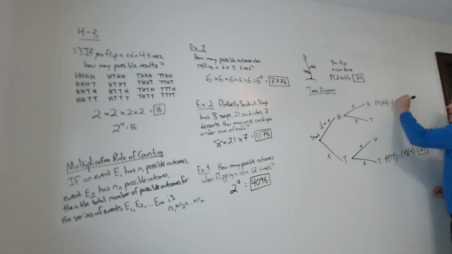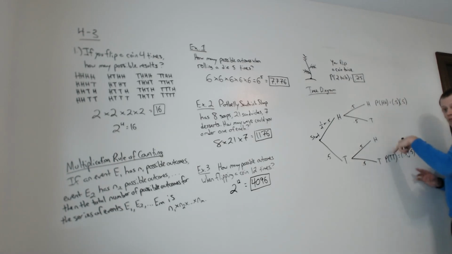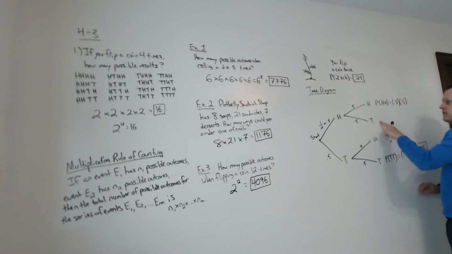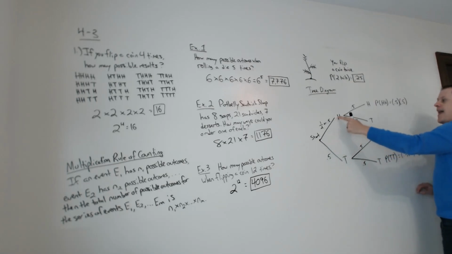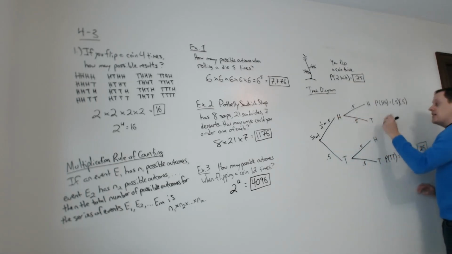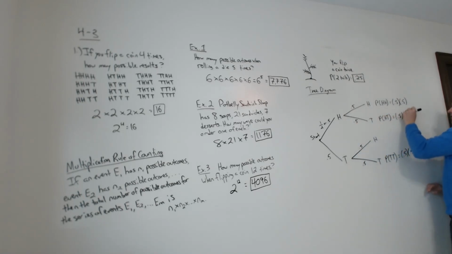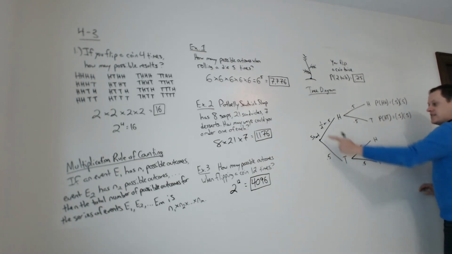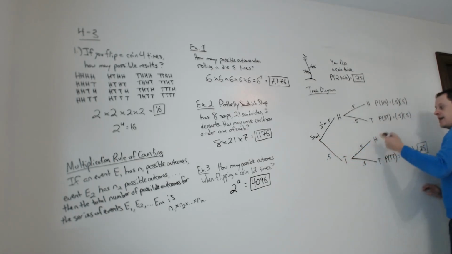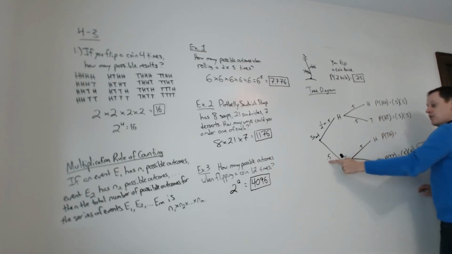This isn't part of the problem, it's just explaining that you can find all the rest. What would this represent? Getting heads and then tails. Also 0.5 times 0.5. This is tails and then heads. Also 0.5 times 0.5.